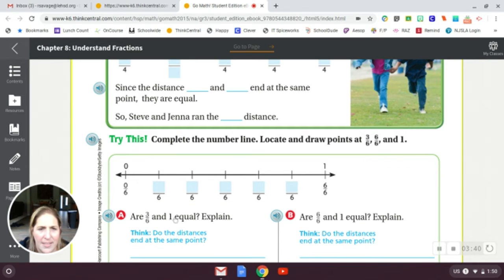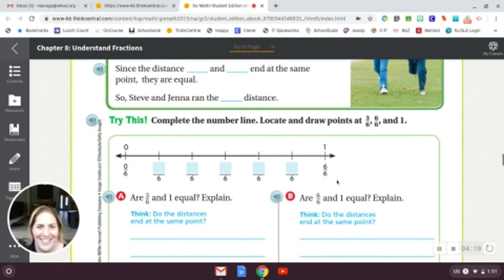Are 3/6 and 1 equal? Well, 3/6 was right here, and 1 is all the way here. Are they equal? Do the points line up for 3/6 and 1? I don't think so. Talk to somebody about why you think they're not the same. I think that 3/6 ends at a completely different point than 1 does.